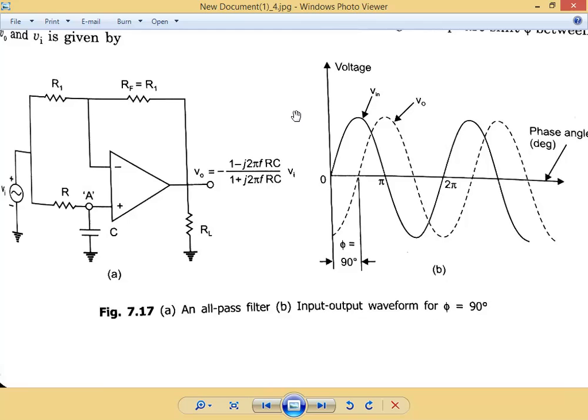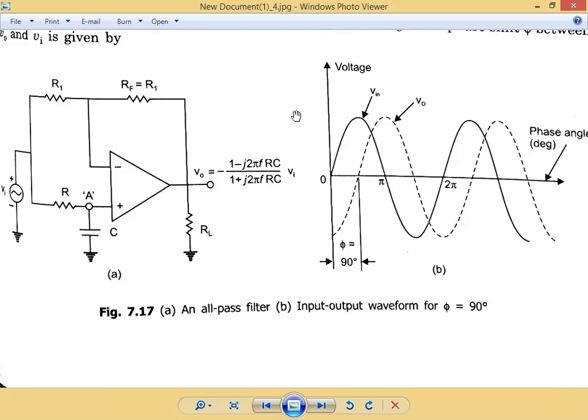Without providing any attenuation, this filter allows all the frequencies, and it also provides a phase shift at different frequencies of the input signal.